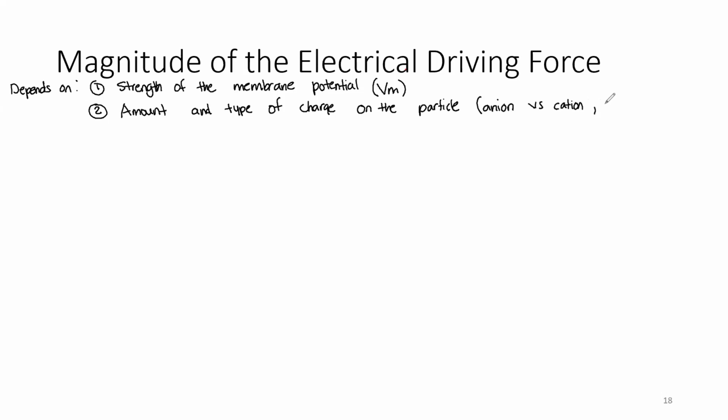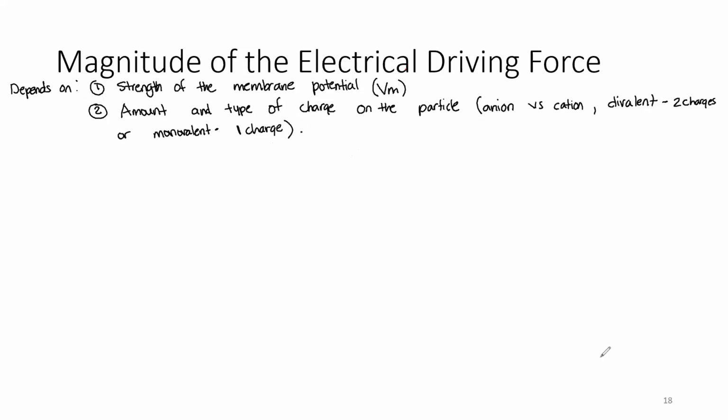Divalent and monovalent have to do with the amount of charge. Divalent is essentially 2 charges, and monovalent means that it has 1 charge. So these are the properties that dictate the amount of charge and the type of charge: anion versus cation, and 1 charge versus 2, divalent or monovalent. Okay, let's look at some examples.